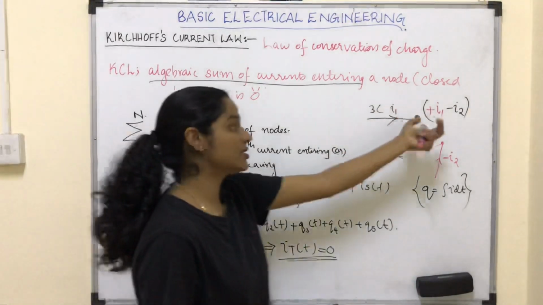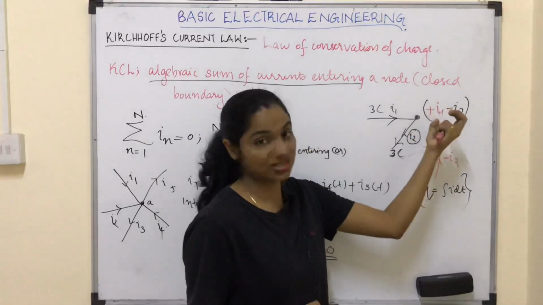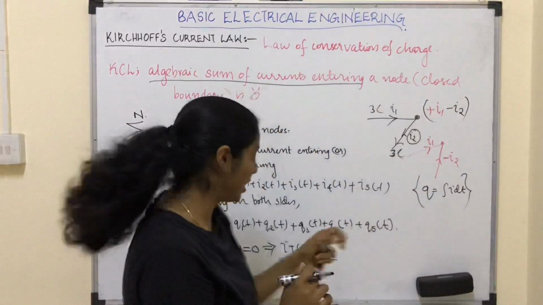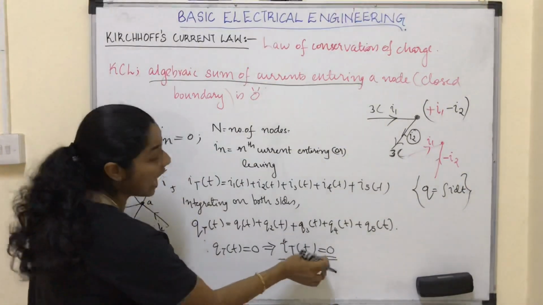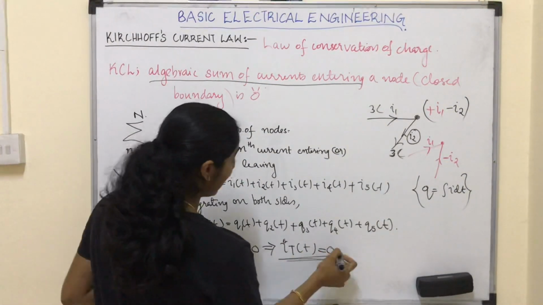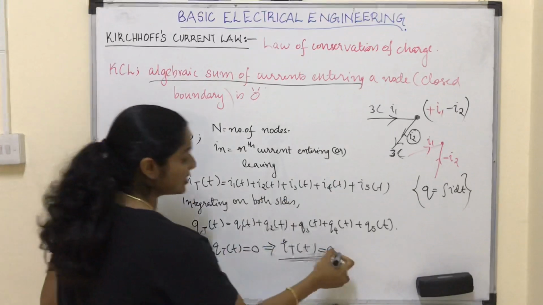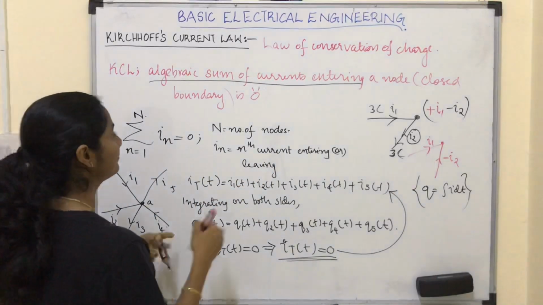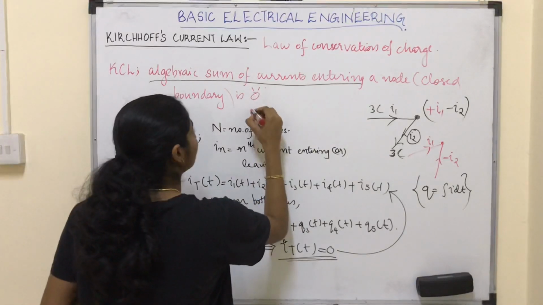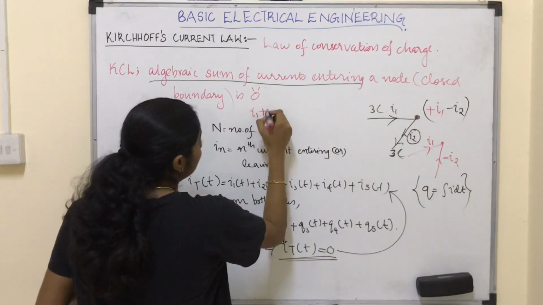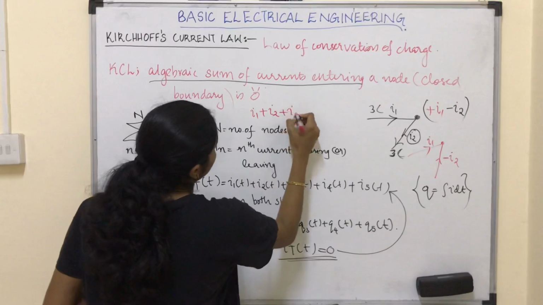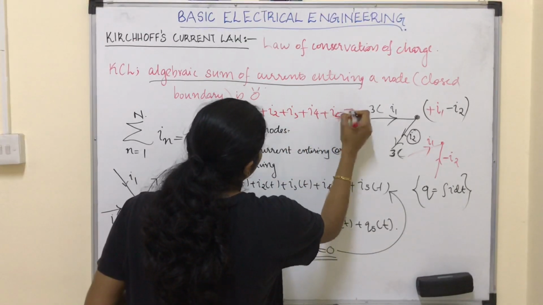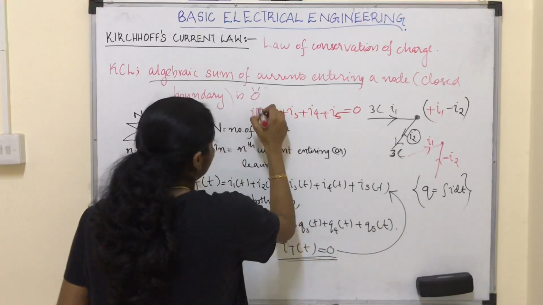The node stores no charge, the net charge is equal to 0, okay. If we substitute this value over here, we will get I1 plus I2 plus I3 plus I4 plus I5 equal to 0 of t.